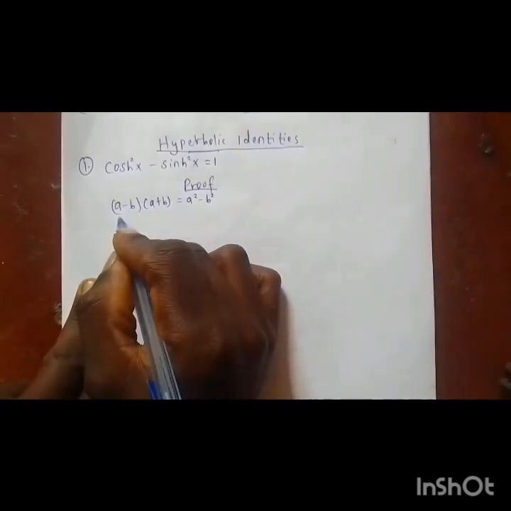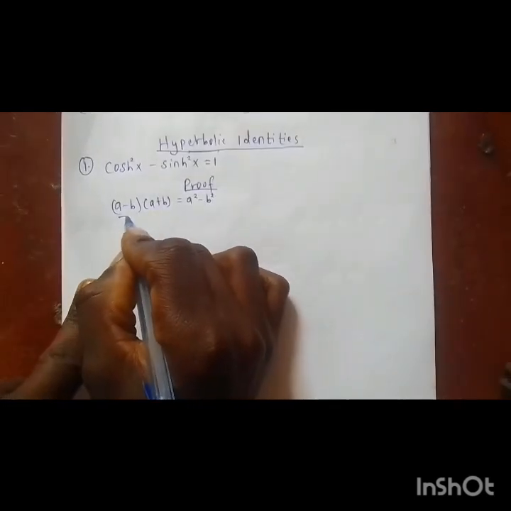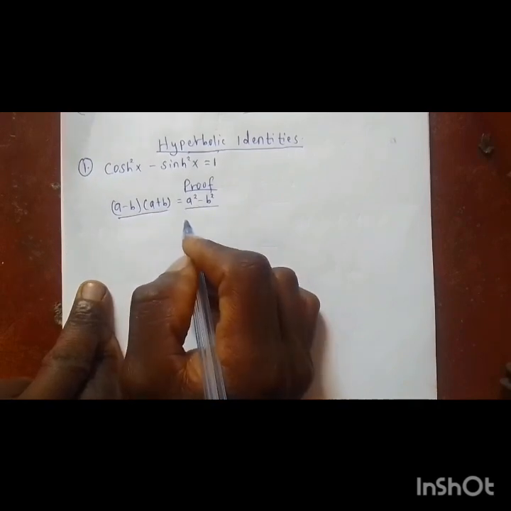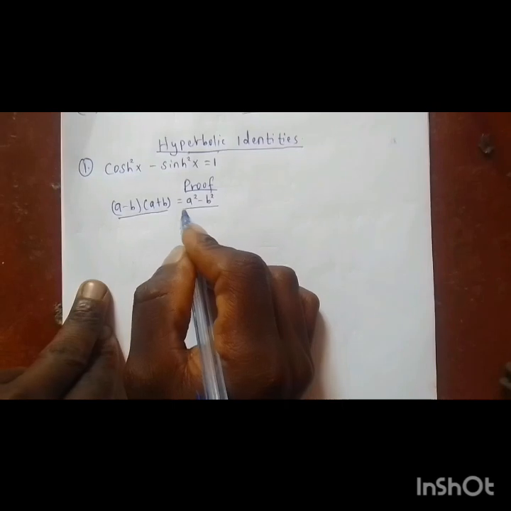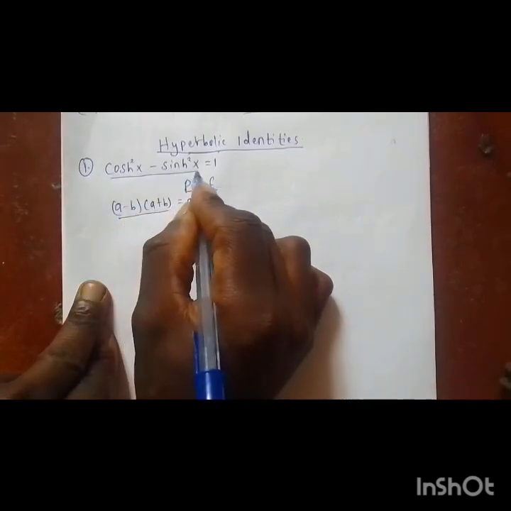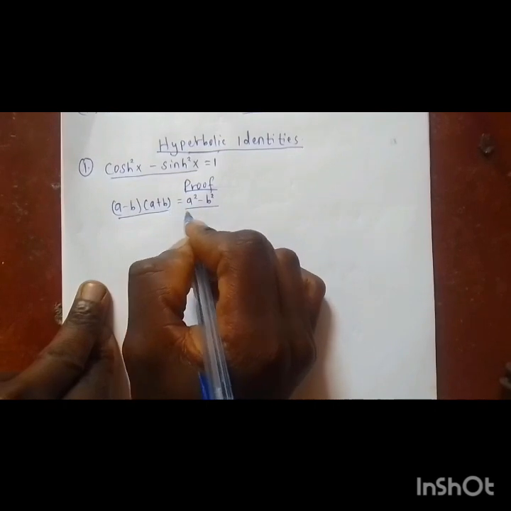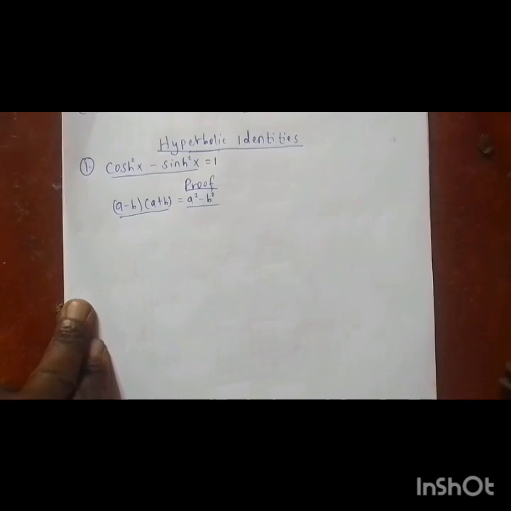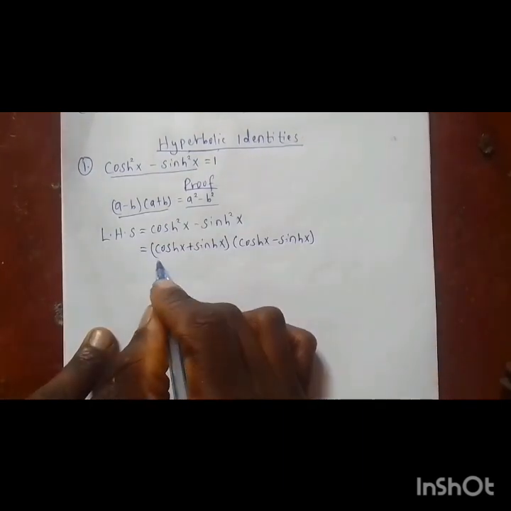So let us remind ourselves of this identity of quadratic expressions. So if we expand this left side according to this identity, we will have this one.